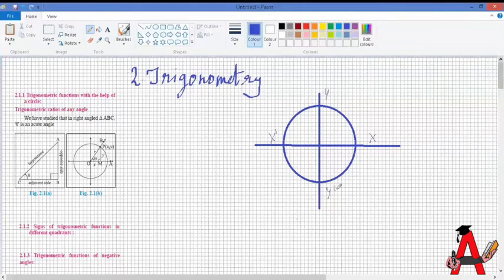There is also a point P here, which is making an angle theta.